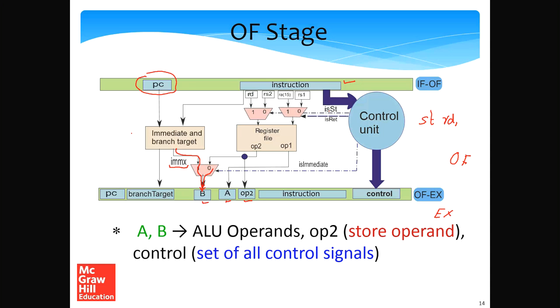Mind you, for a store the path is like this: we read the result of RD, and the result of RD is basically the value that needs to be stored, which comes in over here. But also mind you, the immediate flag is 1 for a store because the immediate stores the offset, which we add to the base register, which is RS1.